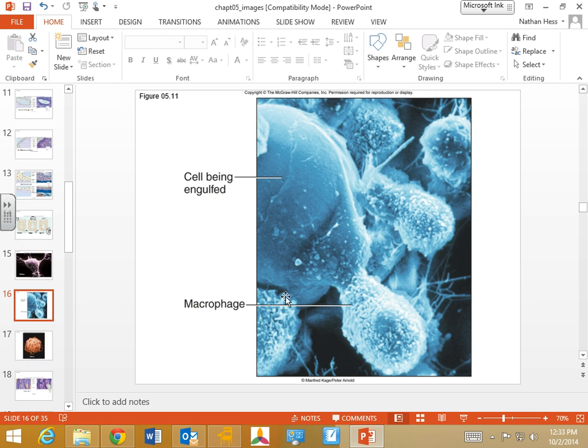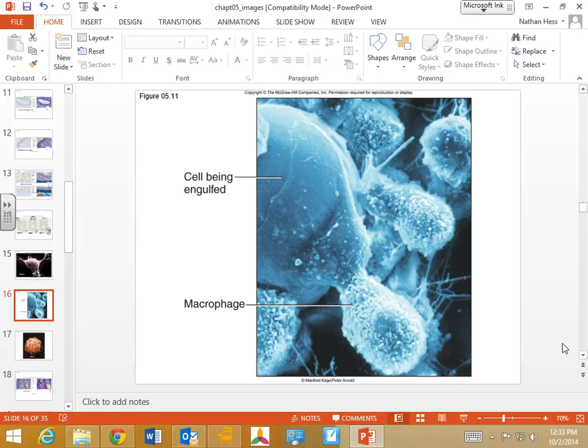What are these guys here? Are you with me, friends? Have I lost you? So these are the mast cells. Mast cells release heparin and histamine.